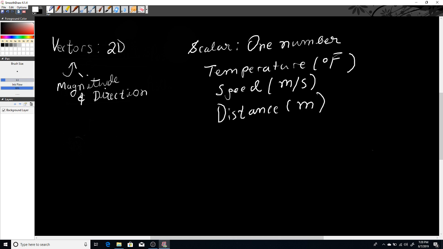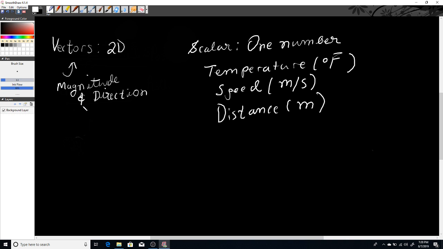But vectors are quantities that require two pieces of information. The magnitude, which is the only thing that describes a scalar, but vectors also require an understanding of direction.